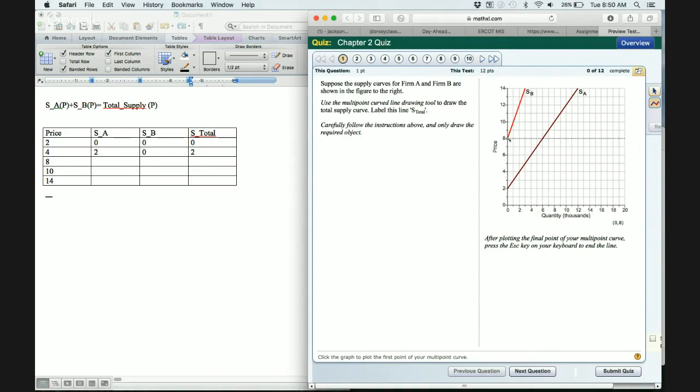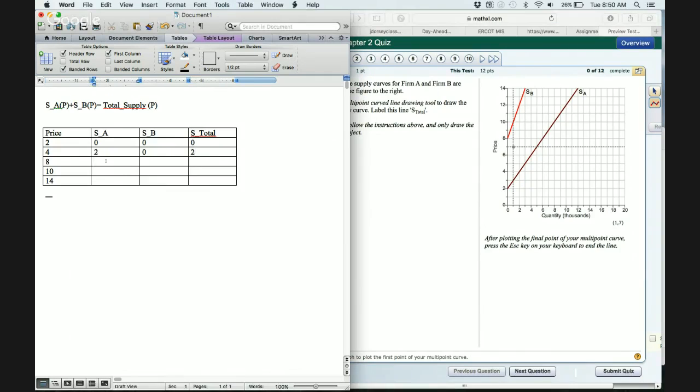Now let's move up to price equals 8. At price equals 8, SB is still 0, and SA is equal to 6. So SA equals 6, SB equals 0, and our total is going to be 6.